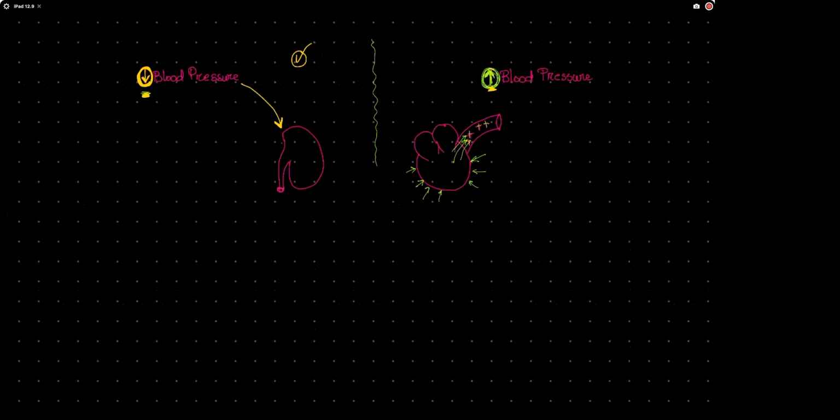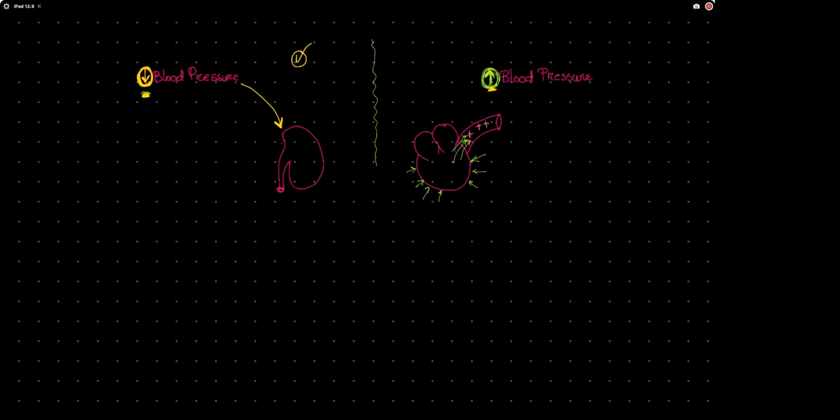All right. On the question, I will not be telling you which one is responding to a decrease, which one is responding to an increase in the blood pressure. I will leave it open.